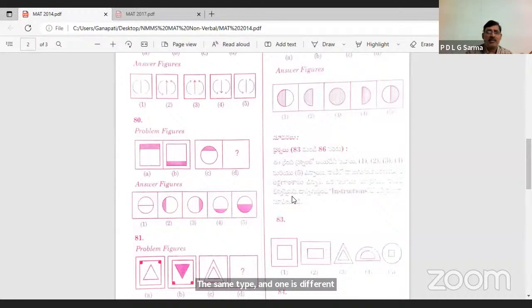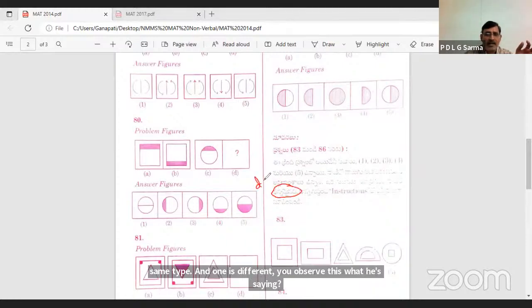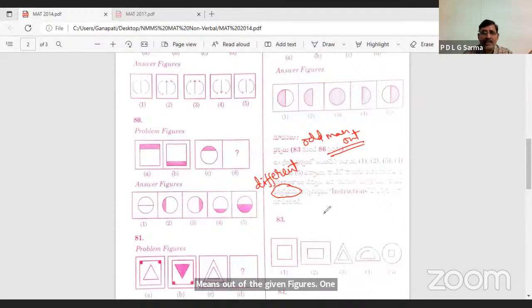What he is saying here is, out of the 5 figures, 1 is different. This is what is called in general, find the odd man out. Out of the given figures, one figure is different. Which figure is different, you have to identify. This is the task for these questions.